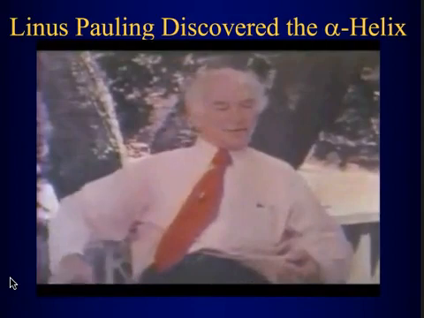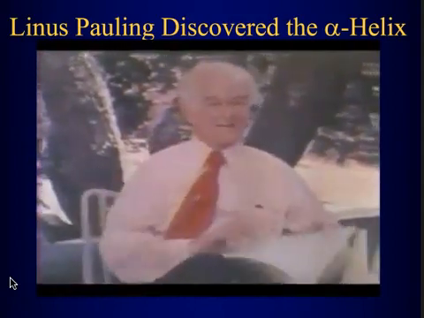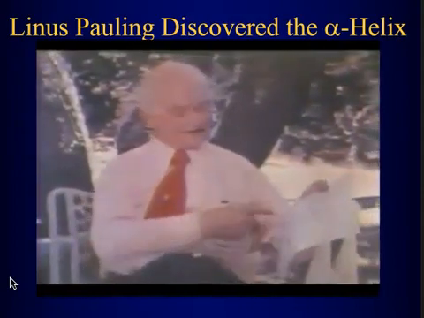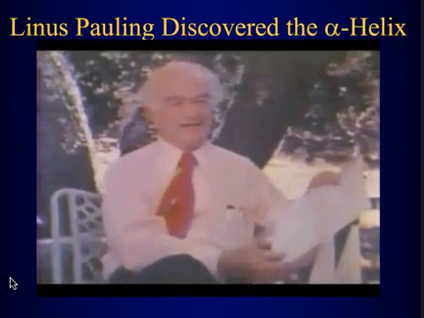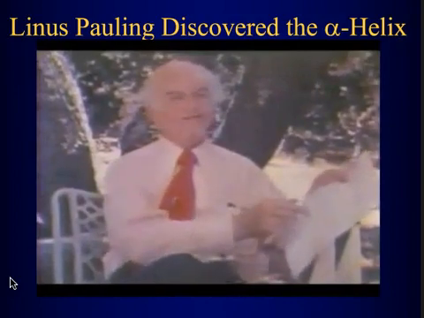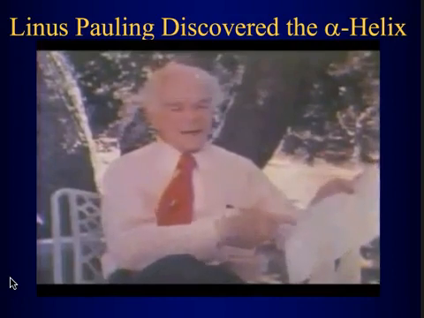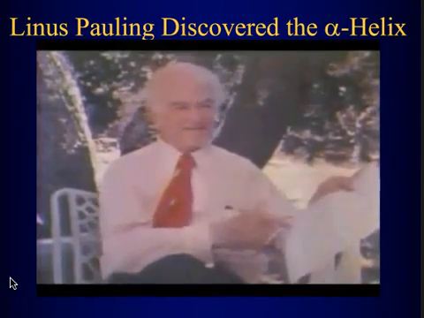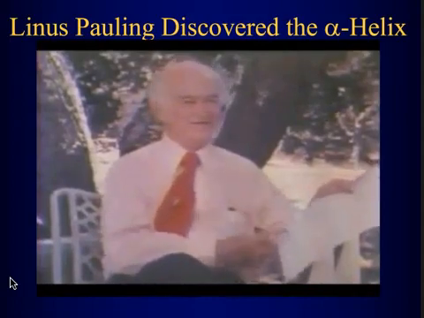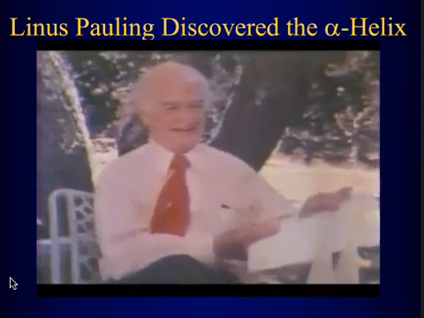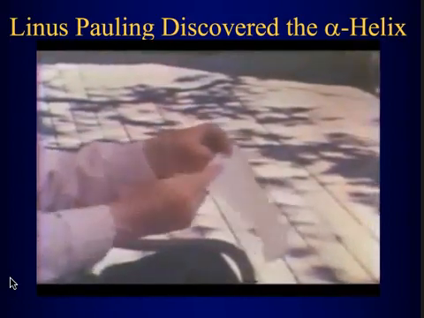I took a piece of paper, much like this piece, and I drew on it a representation of an extended polypeptide chain with the distances approximately right and the angles right, except that one angle did not have the right value. I still have that original piece of paper, by the way. This is the bond angle at the alpha carbon atom that didn't have the right value.